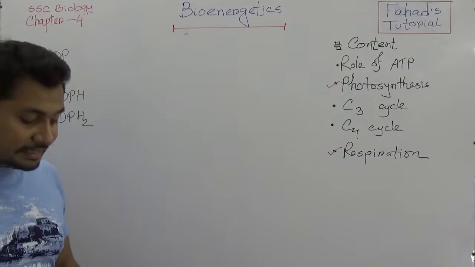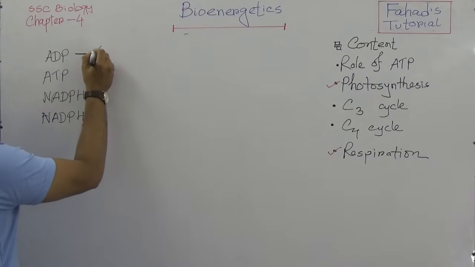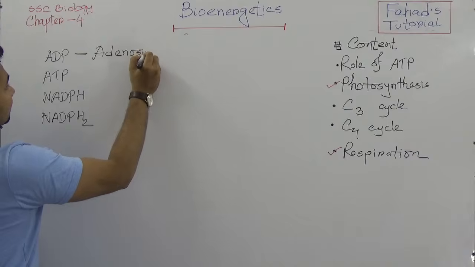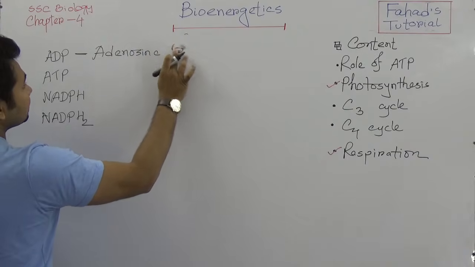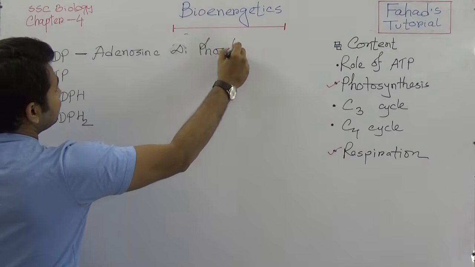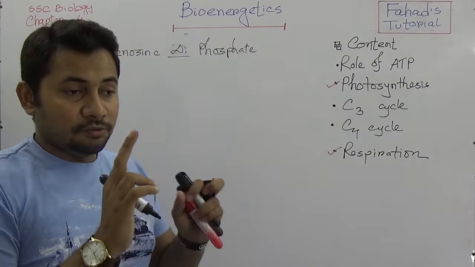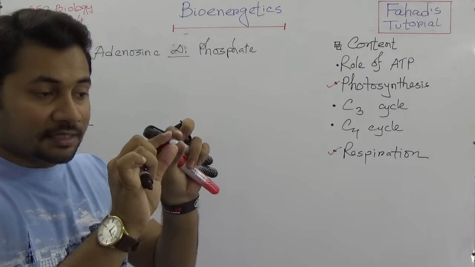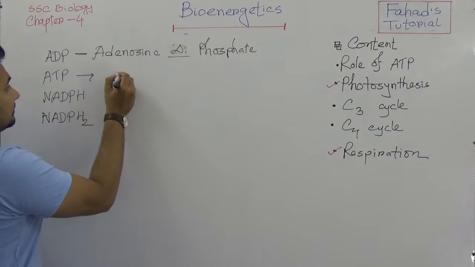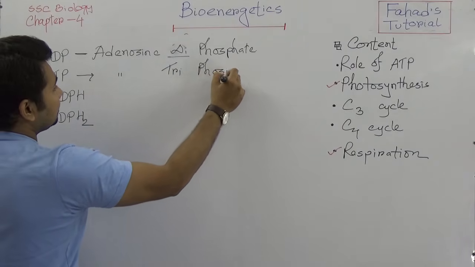First is ADP. What is ADP? In elaboration of this word, we say this is adenosine diphosphate. It means 2 phosphates are attached. Then ATP, which is adenosine triphosphate.